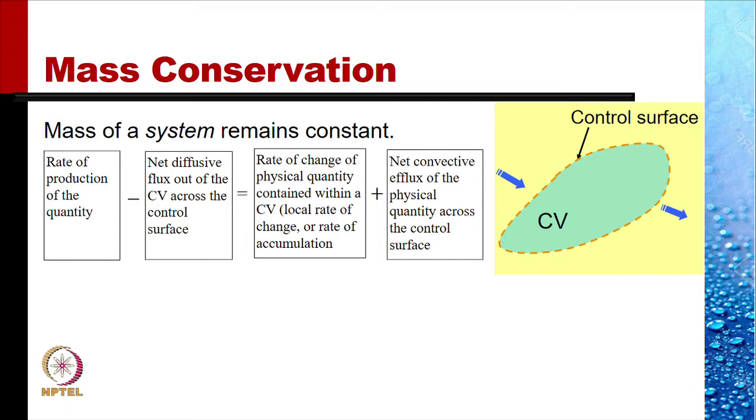When the property is mass, the rate of production of that quantity is obviously zero if we rule out nuclear reactions.